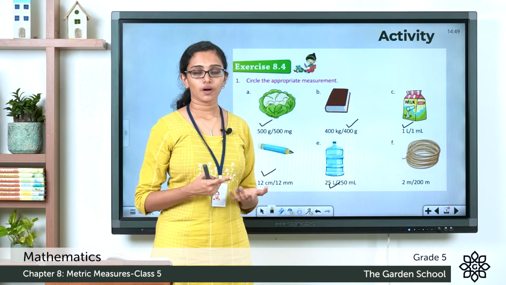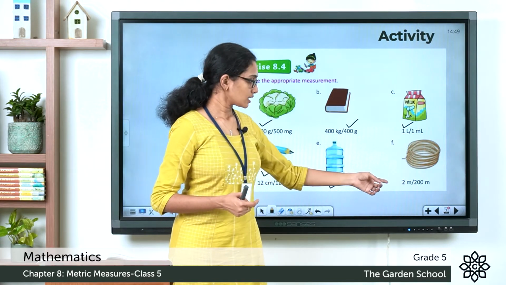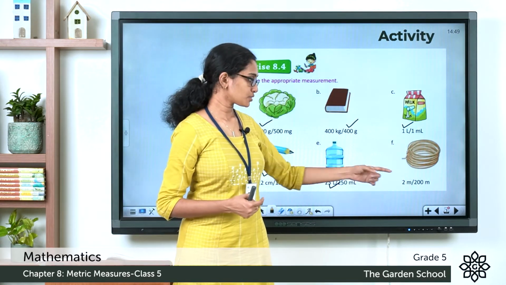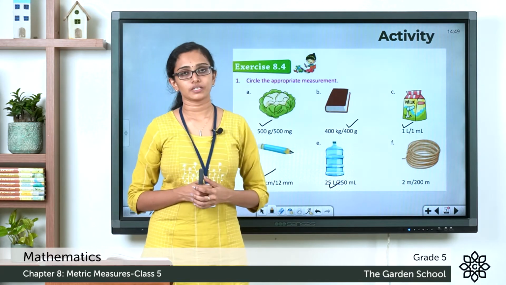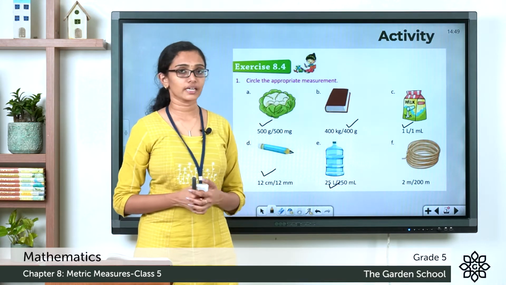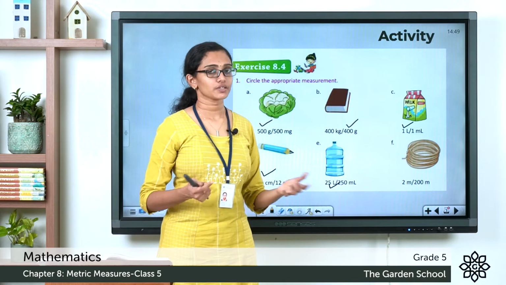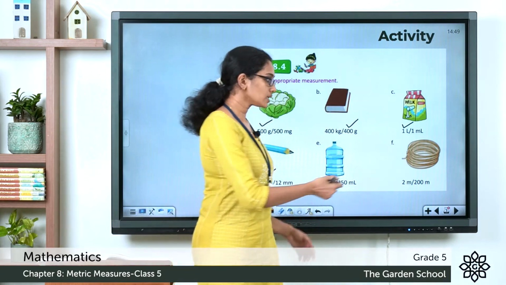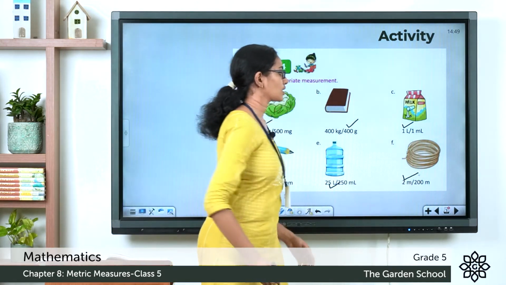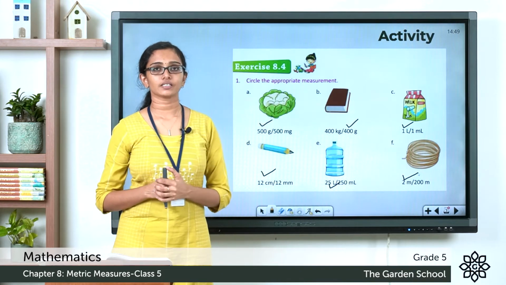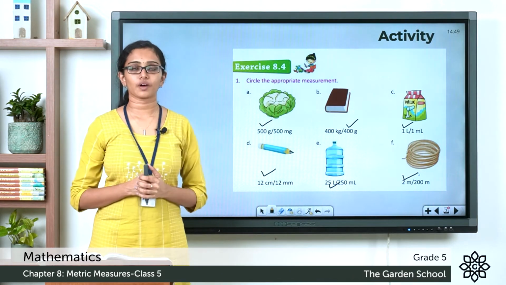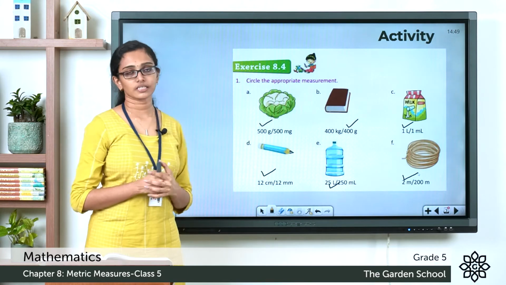You can see a coiled rope. The choices given are 2 meters and 200 meters. How much do you think this rope may measure in length? It might be 2 meters. So here we have just made estimations of measurements for the pictures given here.